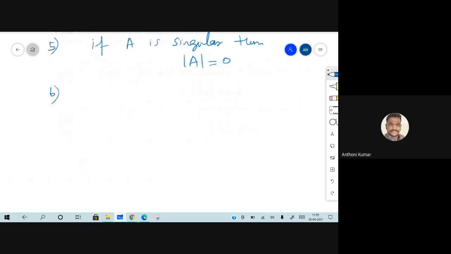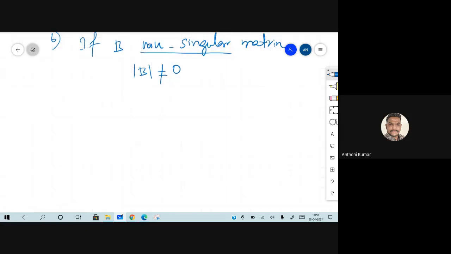Sixth one, if B is a non-singular matrix, then the determinant of B is not equal to 0. So matrices whose determinant is 0 are singular matrices. Matrices whose determinant is not equal to 0 are called non-singular matrices.